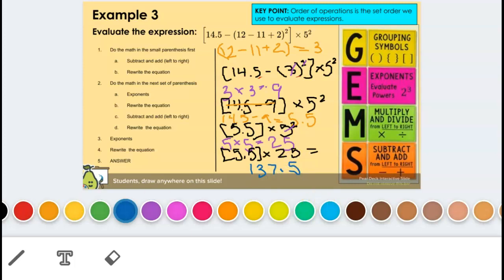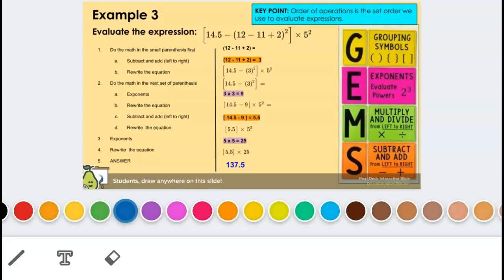Now, again, on this next slide, it looks a little bit prettier, a little bit easier to read, and you can see more clearly how we went about replacing certain numbers with what we found the answer to be.